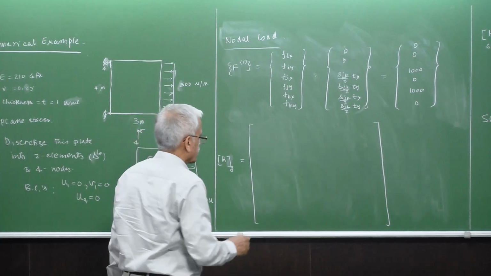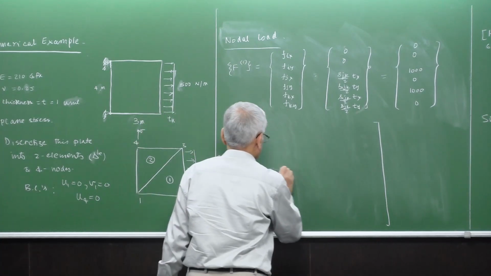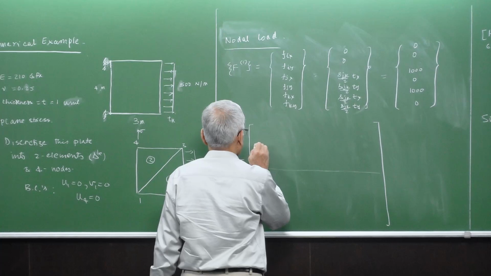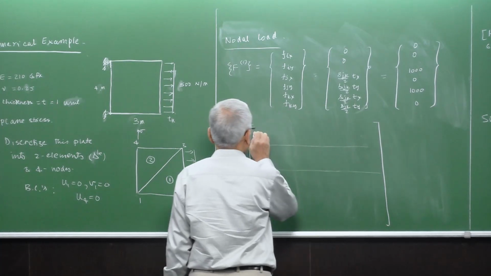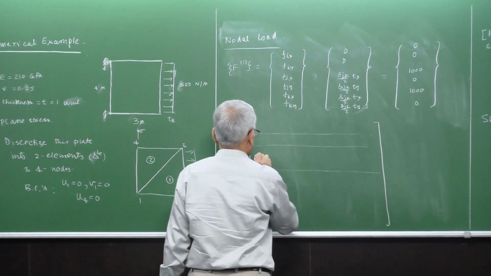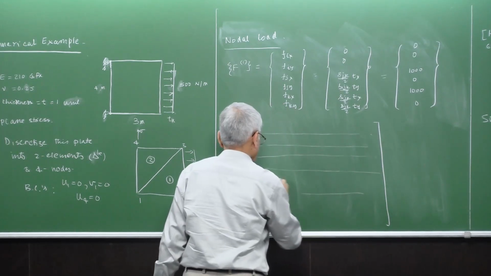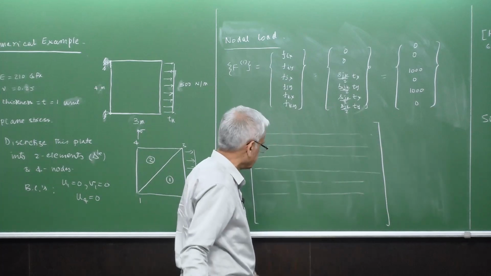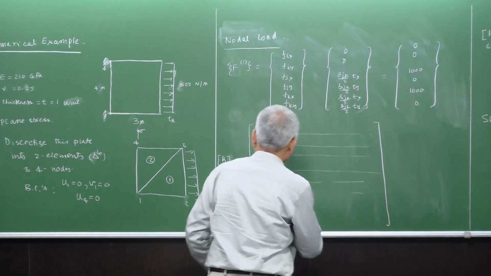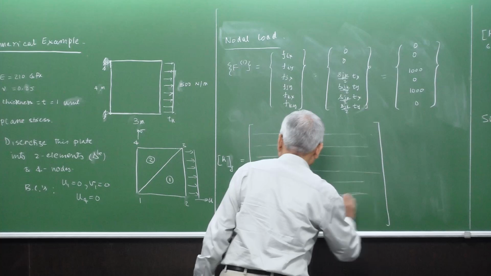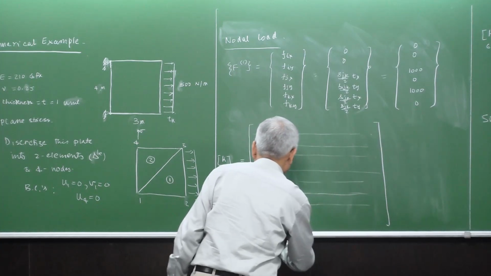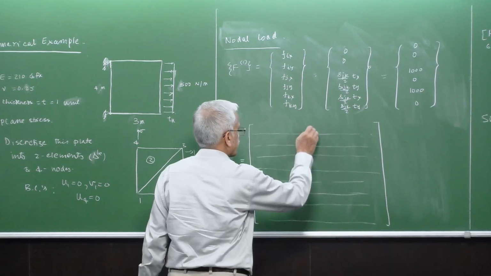If you want, you can put K global. So we have 4 nodes and 8 degrees of freedom.